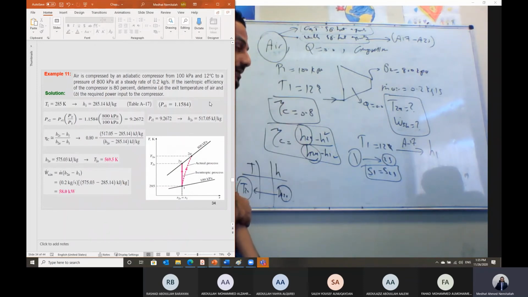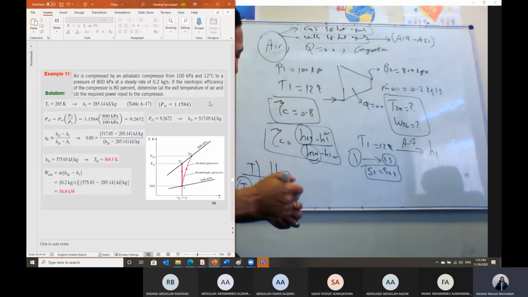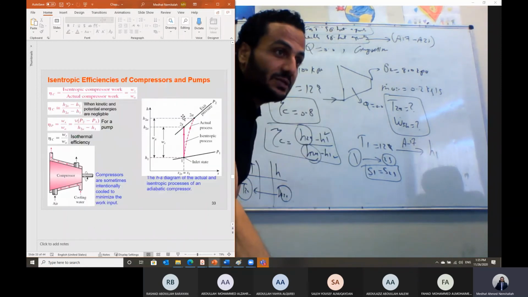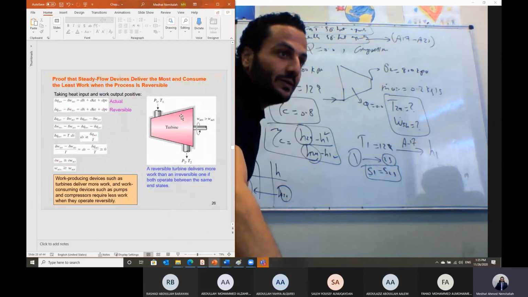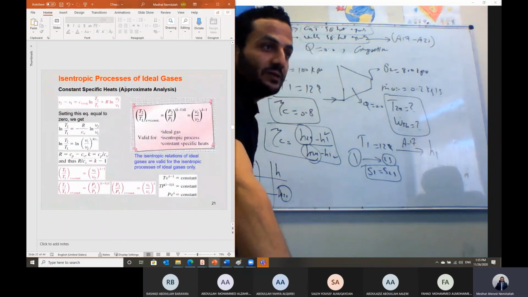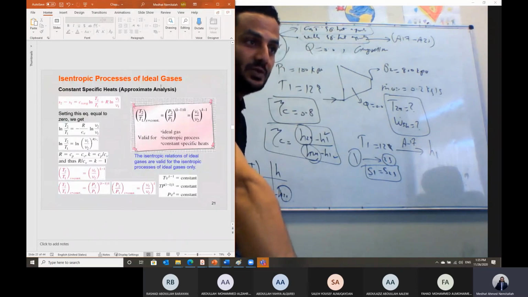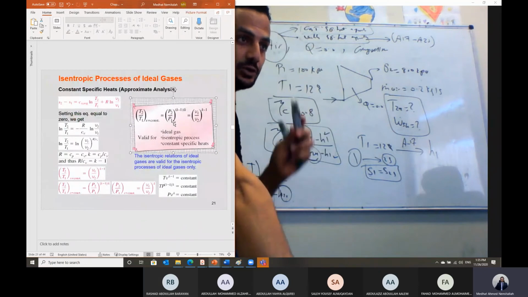In the constant specific heat approach, delta s is equal to 0. Given the pressure P1 and temperature T1, let's remind you with the slides. For an ideal gas undergoing an isentropic process, following the constant specific heat approach, we got this relation.